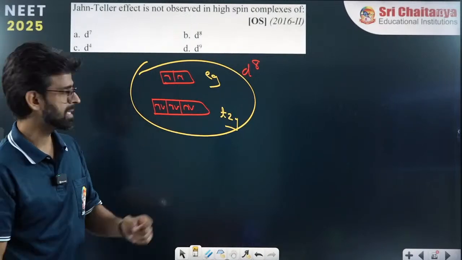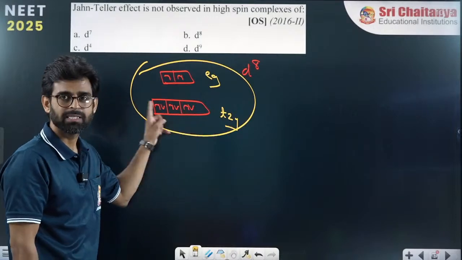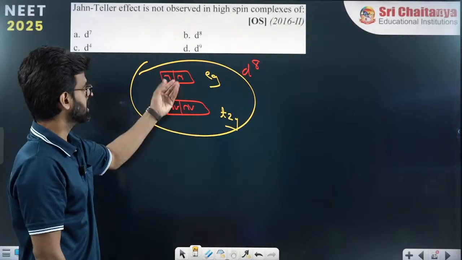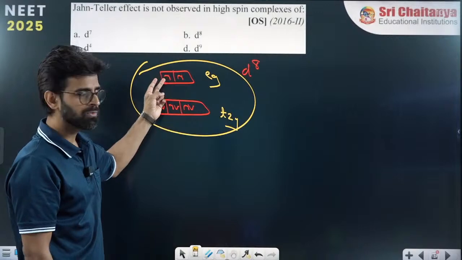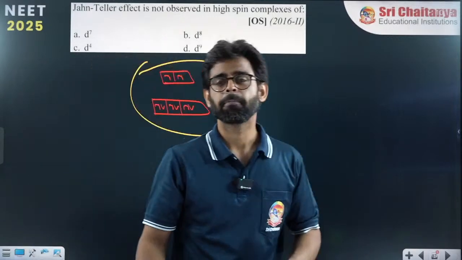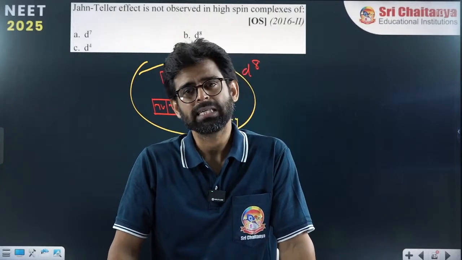What I mean by this, imagine here only one comes. These have 2 electrons, it has only 1 electron, unsymmetry. Maybe here it has 1 electron, it has 0 electrons, unsymmetry. Or it has 2 electrons, it has 1 electron. If there is unsymmetry in the T2g filling or Eg filling, it will cause the Jahn-Teller effect.